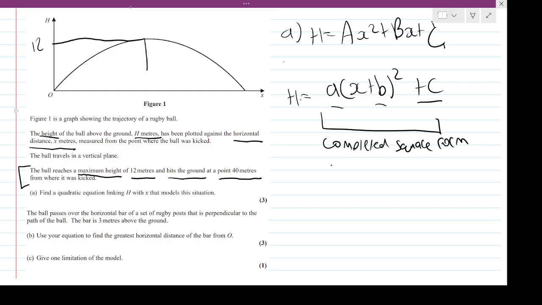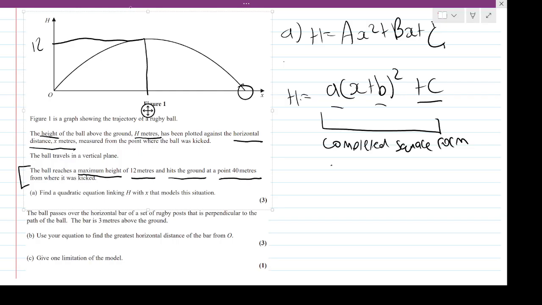And we know it's going to be some value of x then. So it says a maximum height of 12 and it hits the ground, which is going to correspond to here. Because when it hits the ground, it's not vertically above anything anymore. There's no vertical height because the ground is at ground level, right? So ground level corresponds to this axis here.